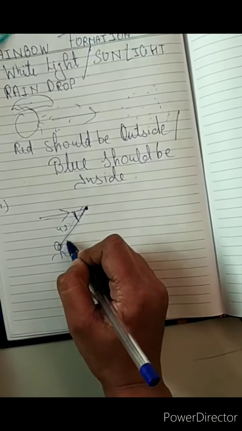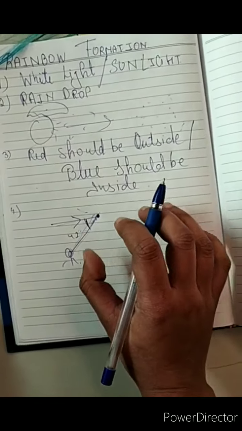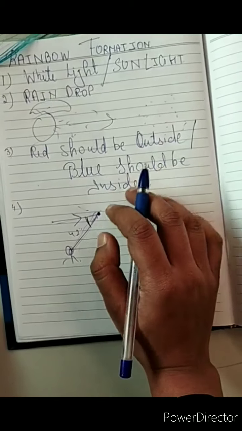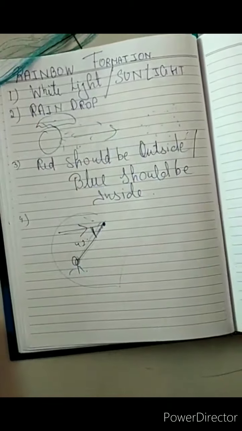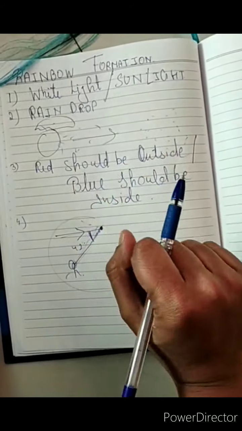So you should look at 42 degrees so that you will see the rainbow. So the angle should be 42 degrees away from the sunlight. I will explain this concept to you.